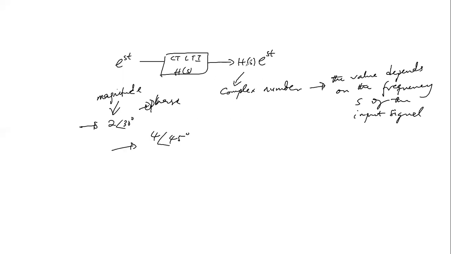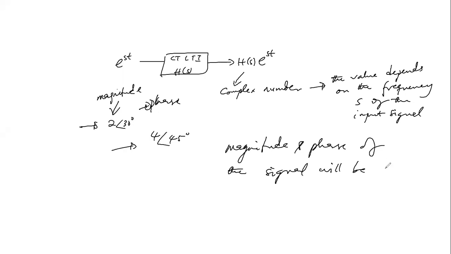So this particular parameter is a complex number. Once we pass this eigenfunction through a system whose properties are characterized by a complex number, technically the magnitude and phase of the signal will be altered.